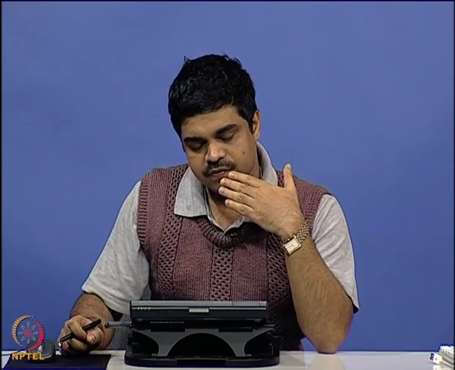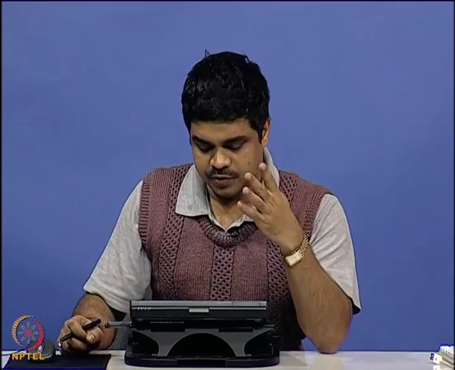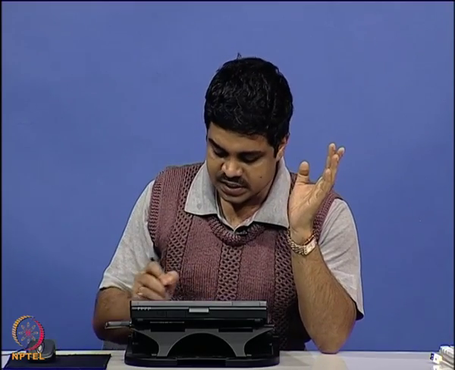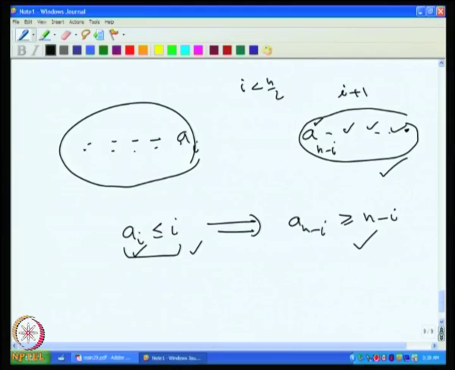In other words, if a graph has a degree sequence which is either this or pointwise greater than this, that graph has to be Hamiltonian, because this satisfies the condition. This is what we are going to show.